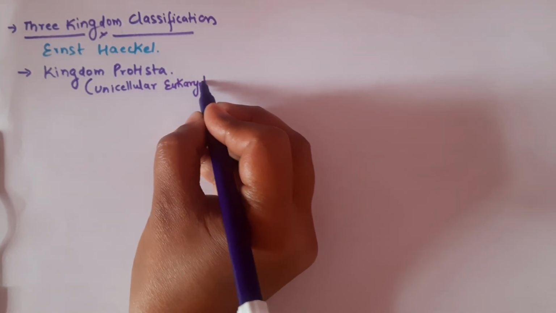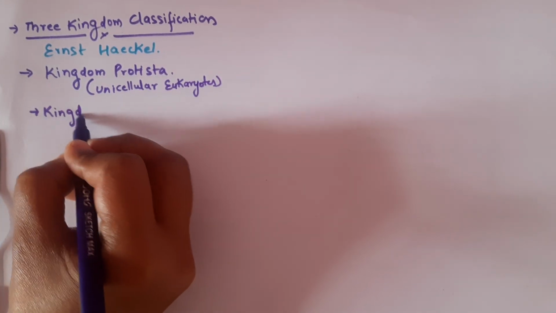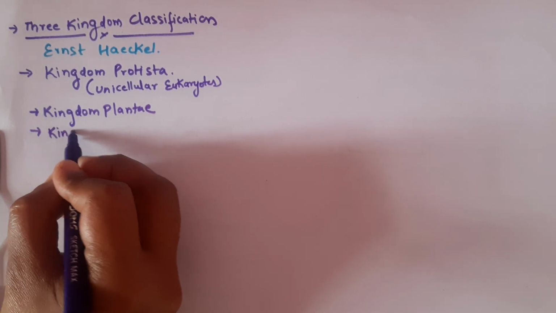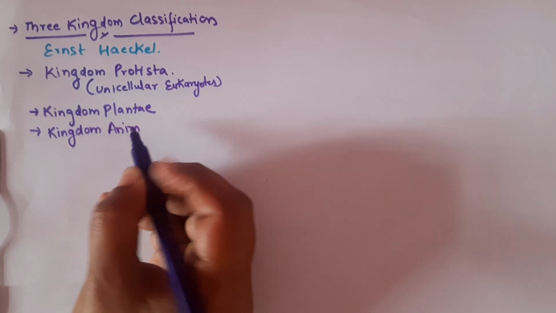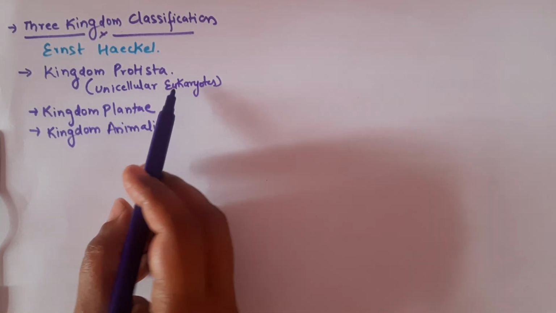So students, previously there were two kingdoms, the kingdom Plantae and kingdom Animalia, and in addition to these two, Ernst Haeckel proposed the third kingdom, the kingdom Protista, that will include the unicellular eukaryotes. But this classification also has a drawback.